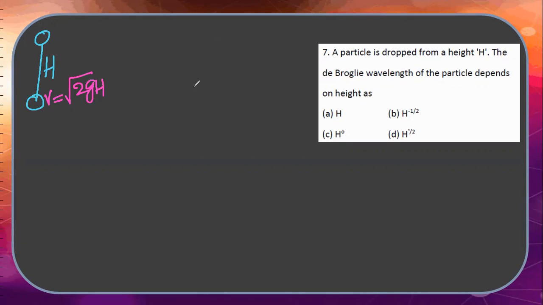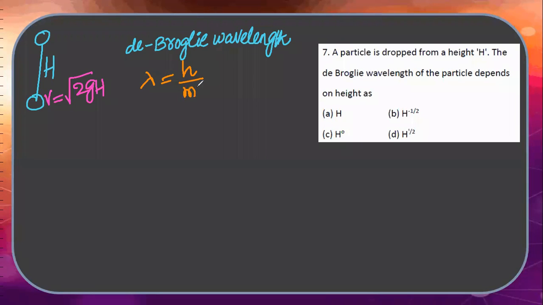We know the de Broglie wavelength lambda is equal to h divided by mv.